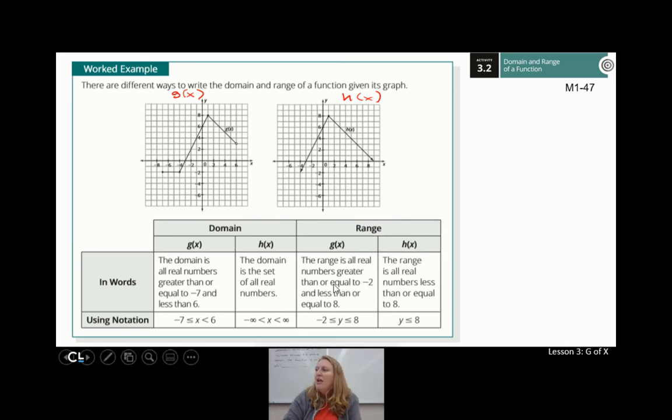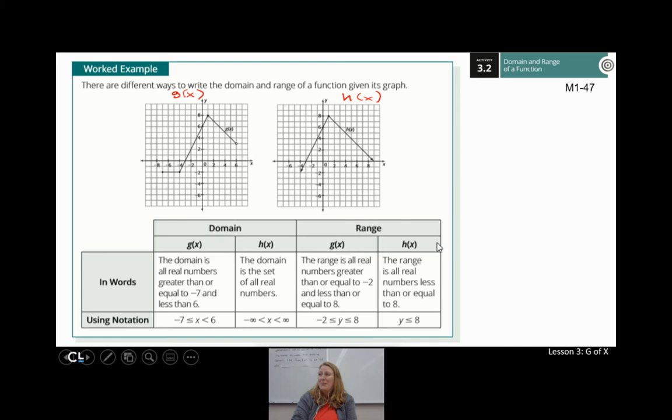So I would say that the range is all real numbers less than or equal to 8. I can do anything below 8, but 8 is as high as it goes. With notation, I would just write y is less than or equal to 8.